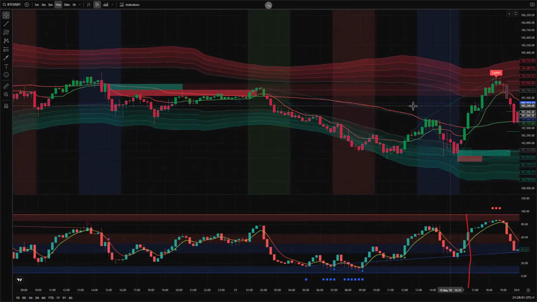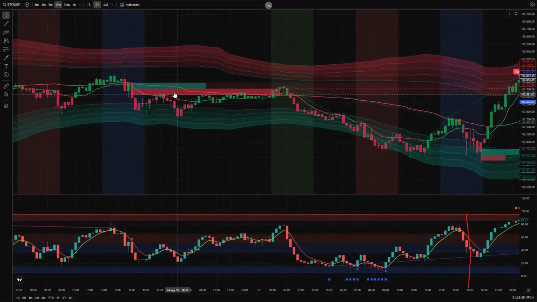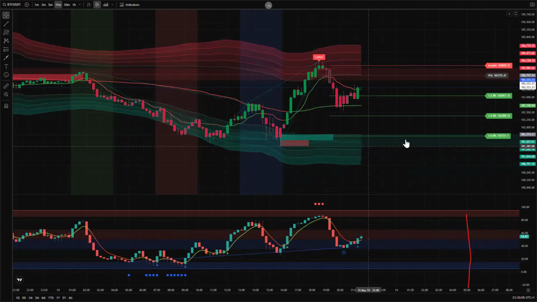And of course, when you're selling, you want to be sure that the buy side liquidity is actually more than the sell side liquidity, because it guarantees that the market will sell. And when you're buying, you want to ensure that the sell side liquidity, that's the red bar, is actually more than the buy side liquidity, that's the green bar.